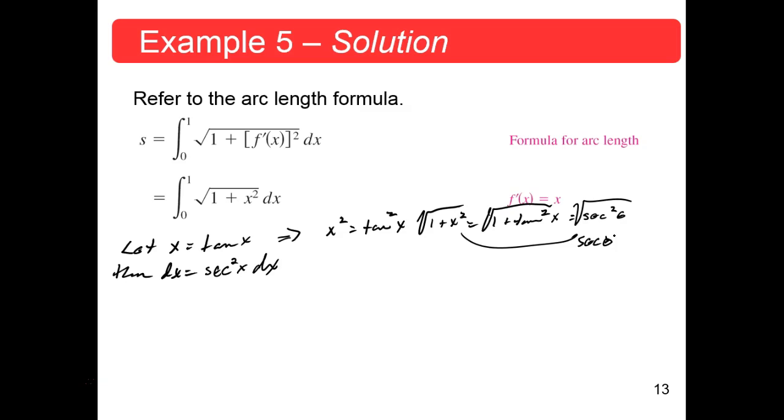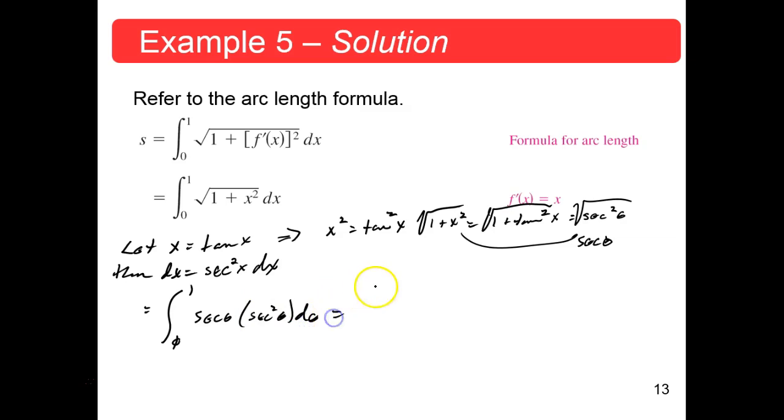Okay? And that's how they jump right to the integral from 0 to 1 of this thing, which is secant theta, and dx is secant squared theta d theta.